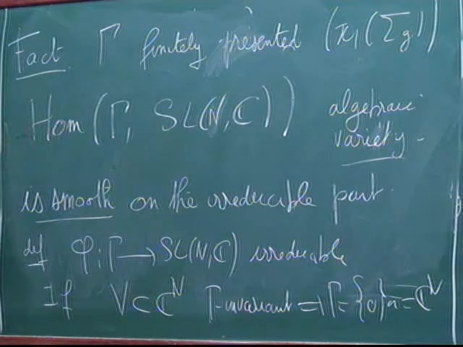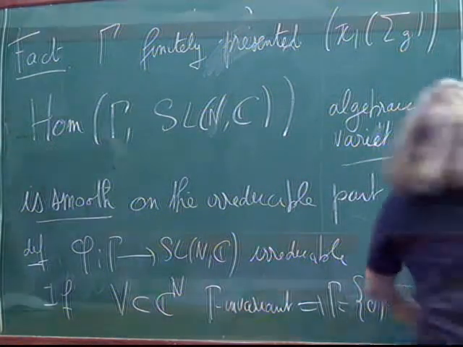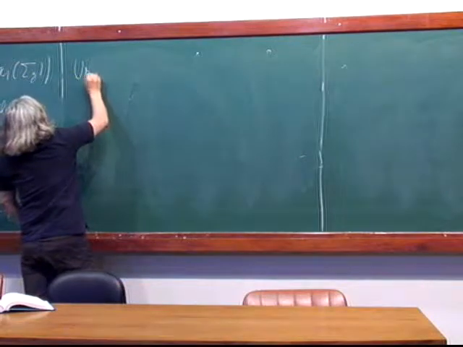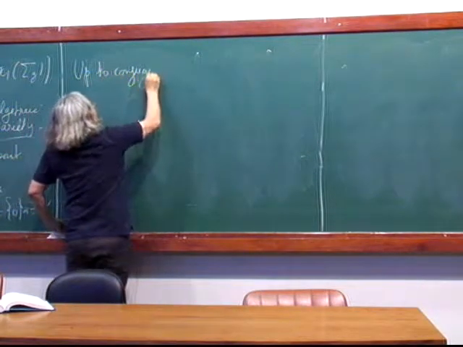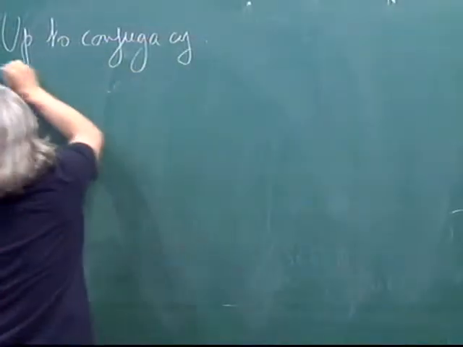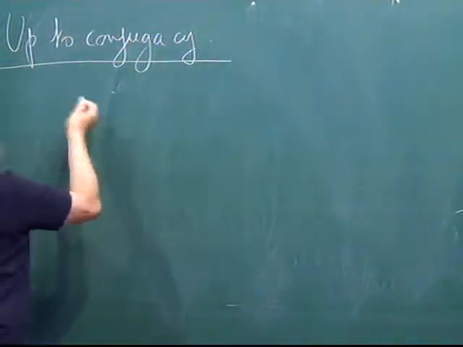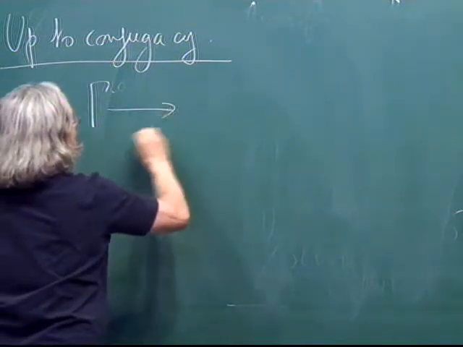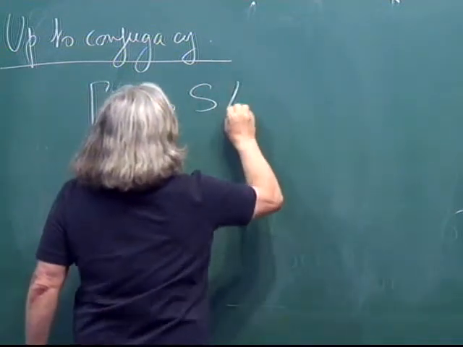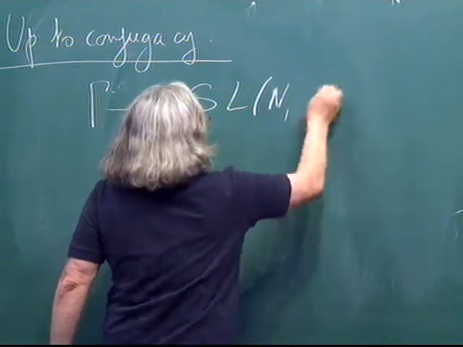Now, how to work up to conjugacy? So you want, let's say, to look for homomorphisms gamma, let's say, to SL2C or SLNC.